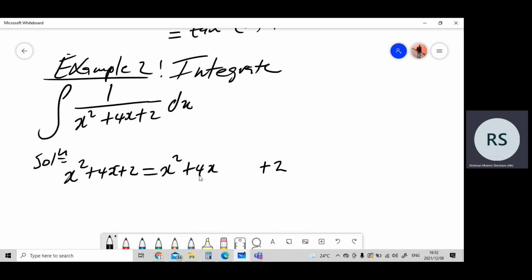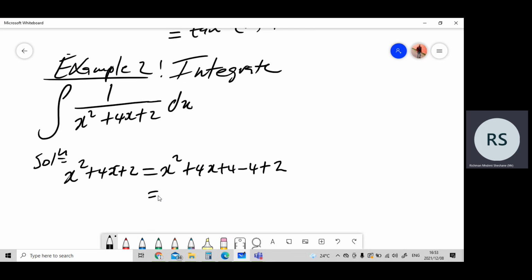So a half coefficient of x will be 2. The coefficient is 4, a half of this coefficient is 2. But squared, it will be 4. So you add 4 and minus 4. 4 minus 4 is 0. It's like we added 0 here. We didn't affect the value of our expression, okay?